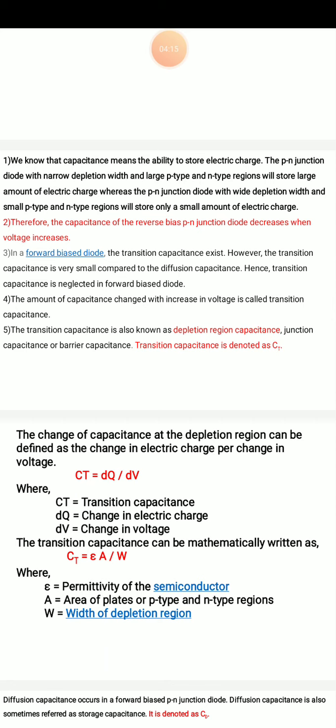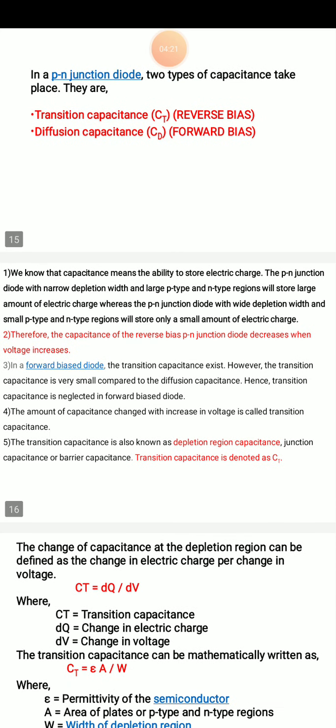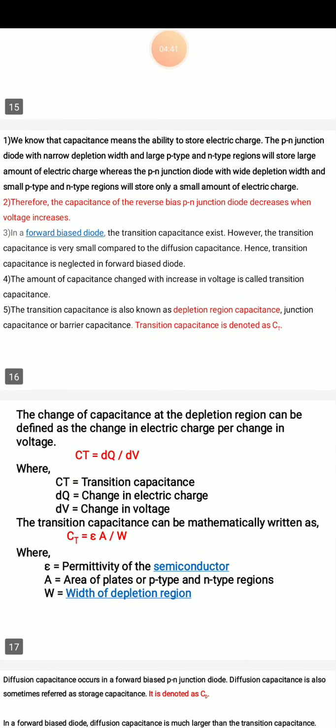So before going to the transition capacitance and diffusion capacitance, we should know clearly about the biasing we already discussed, and whether the depletion region is of small or bigger size.